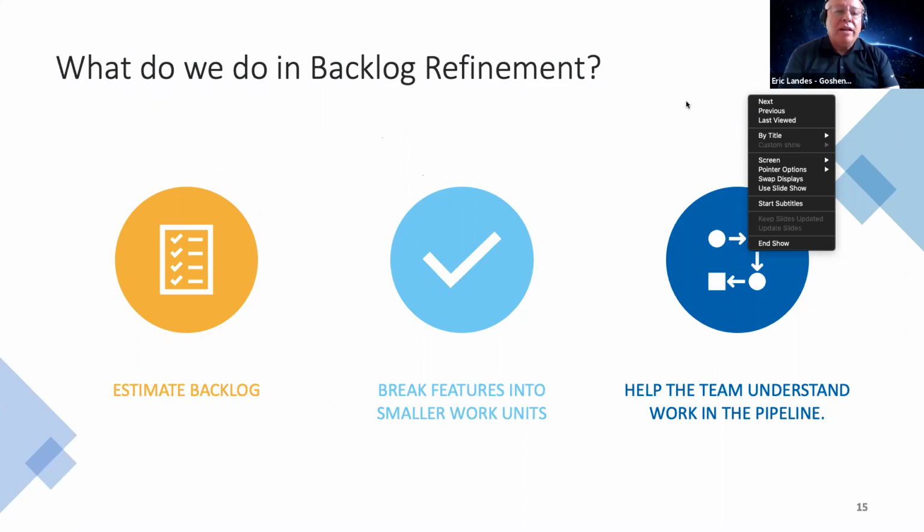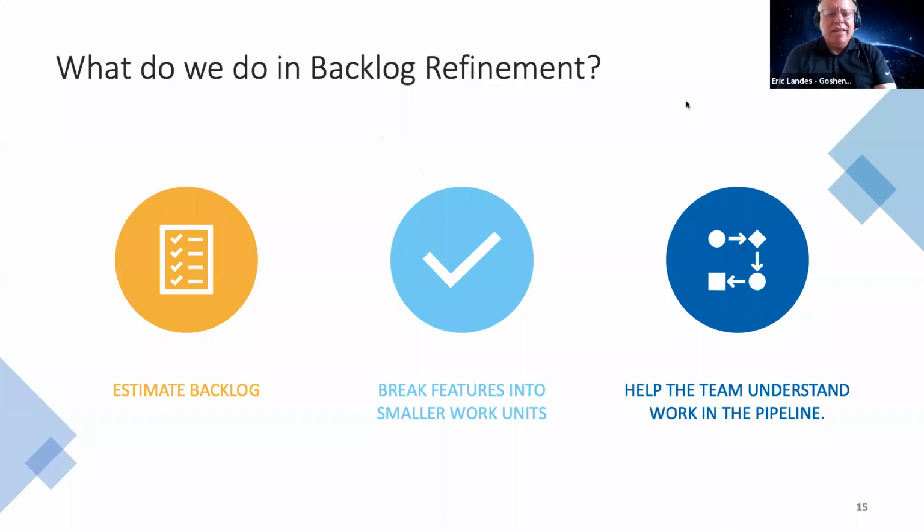We take that product backlog, so we're going to estimate things in the product backlog, and that's really a team effort, right? We're doing that typically as a team, or at least I'd like to have the team do that. Then we break features into smaller work units, and this is an activity that can be done by the product owner or the team as a whole.